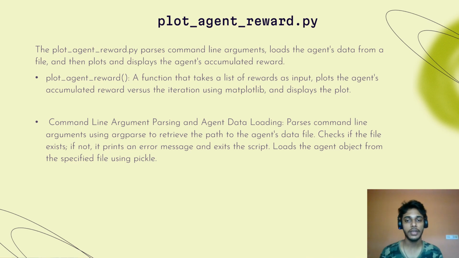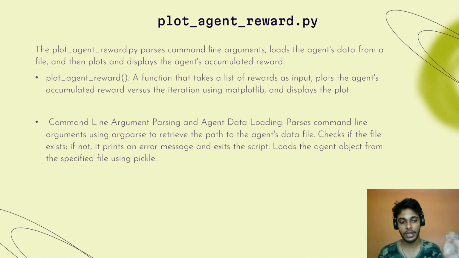This function takes a list of rewards as input and plots the agent's accumulated reward versus iteration. It uses matplotlib to create a line plot where the x-axis represents the episodes and the y-axis represents the cumulative reward. There is also a main function, which only checks if the script is being run directly and not imported as a module.